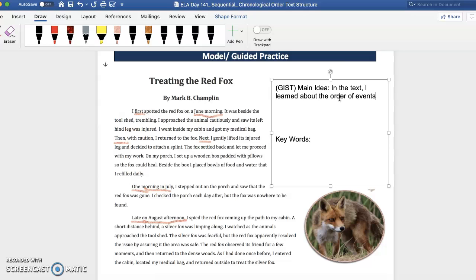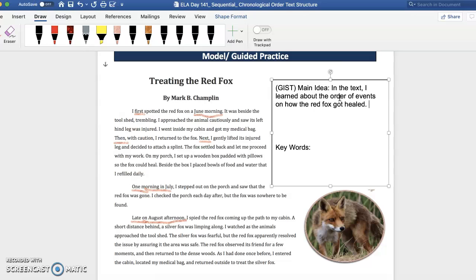Notice how I'm putting order of events because I know that this is a chronological text. The order of events on how, here's my what, the red fox got healed. I guess we could just leave it right there.